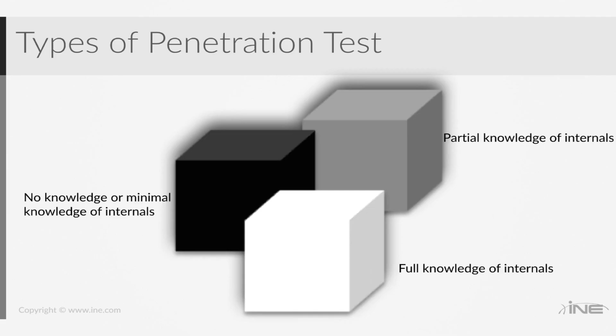Whereas a black box test is a test that you perform with no knowledge at all or minimal knowledge of the internals. This would be like a hacker who's trying, on his own, without any insider information, just trying to externally attack a company, right?